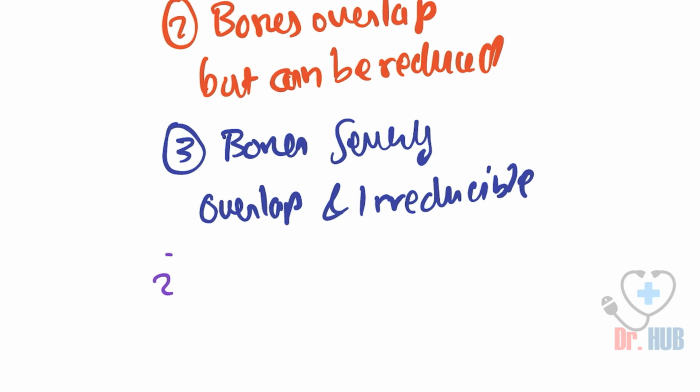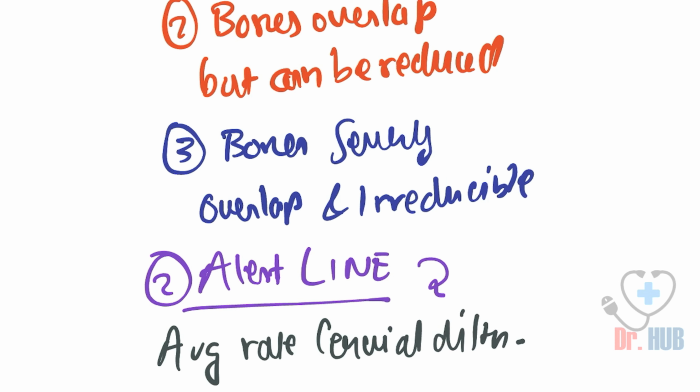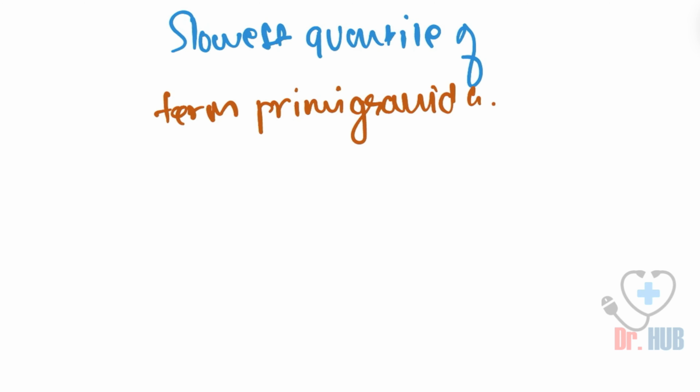Next, the second question we asked was, what is the alert line? The alert line reflects the average rate of cervical dilation of the slowest quantile of term primigravida.